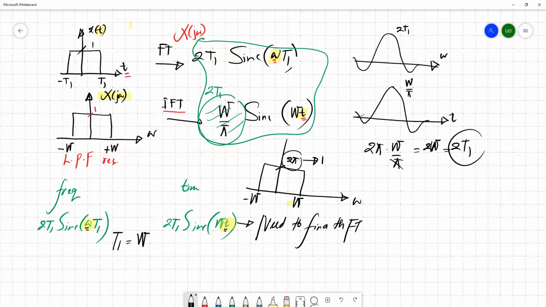So what I want to highlight here is we have a function x(t) and a Fourier transform X(omega). Keep in mind, if you have a time domain function exactly matching the shape of a frequency domain function, see?